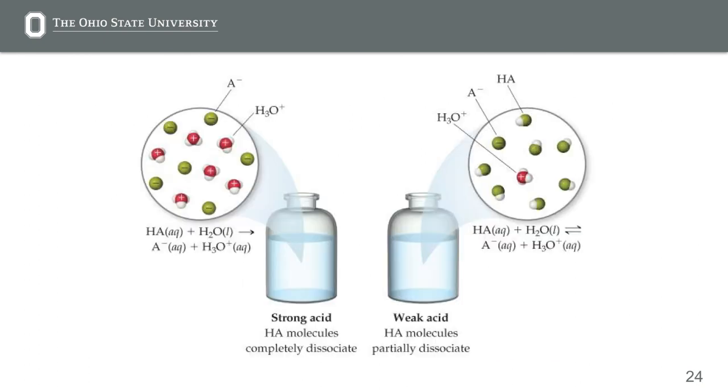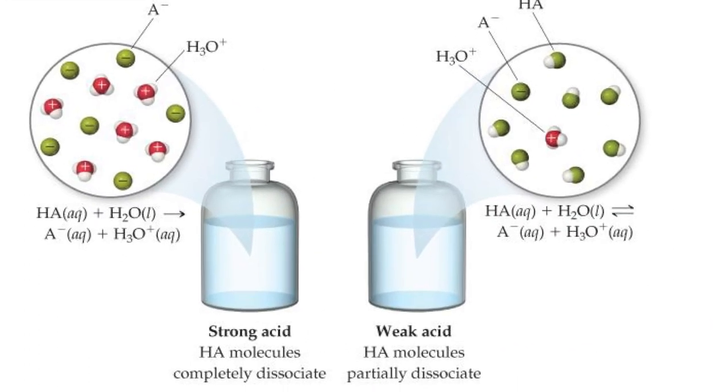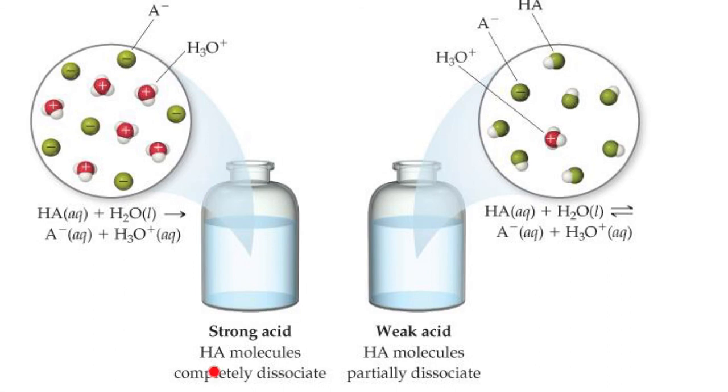So if we look at what that means in terms of picture, if you're trying to imagine what the solution might look like, on the left-hand side we have a strong acid. The molecules completely dissociate. And so if we're looking at a molecular level picture, we've produced the conjugate base, which are the green spheres with a minus charge, and the H3O+ hydronium ion.